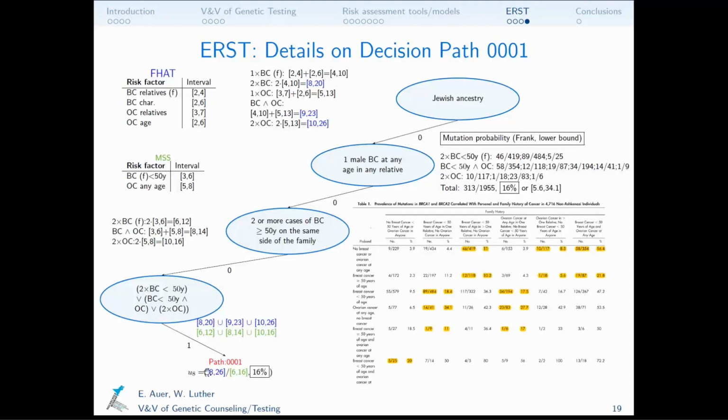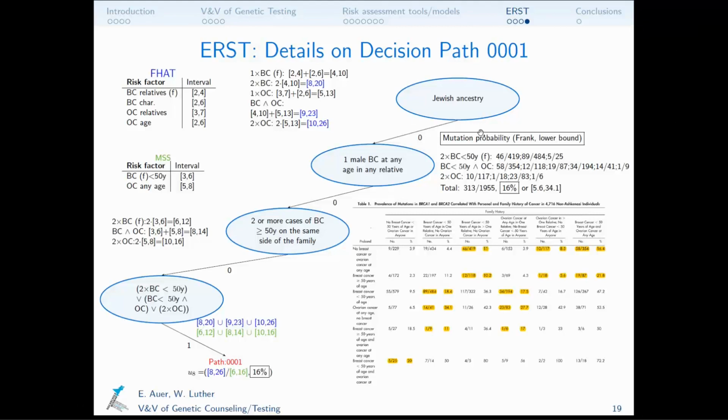The final interval is from 8 to 26 for the family history assessment tool. Again, the Manchester scoring system gives us the interval from 6 to 16, obtained similarly to that of the family history assessment tool. The mutation probability needs to be obtained according to the Frank tables.